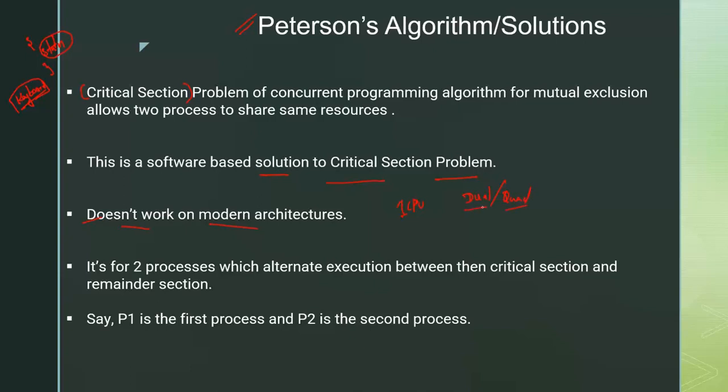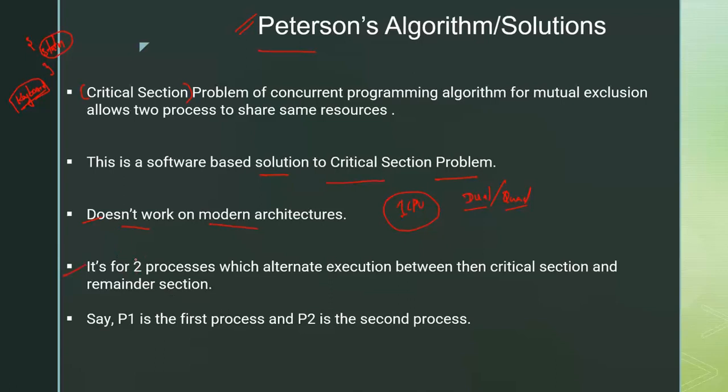All of those are nothing but a single processor having multiple CPUs, which is dual core, quad core, octa core, and hexa core. Now, this solution was used only when we had a processor with a single CPU.